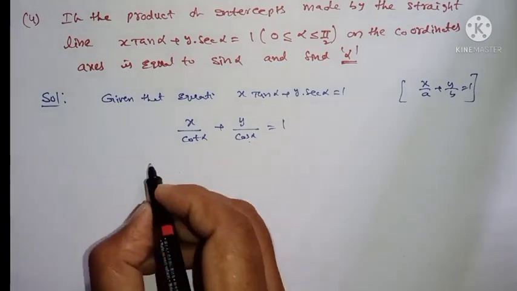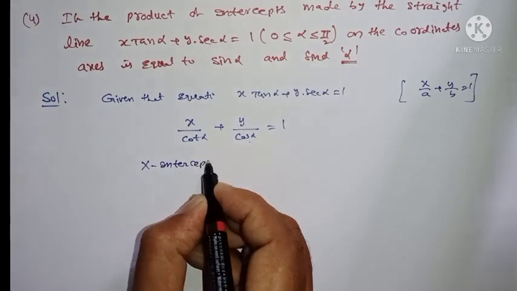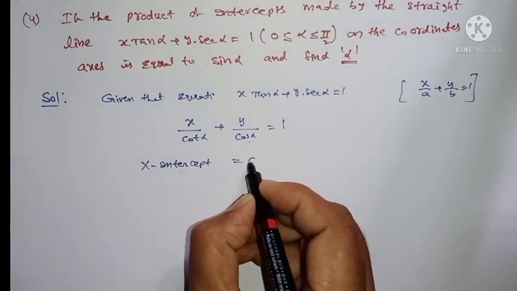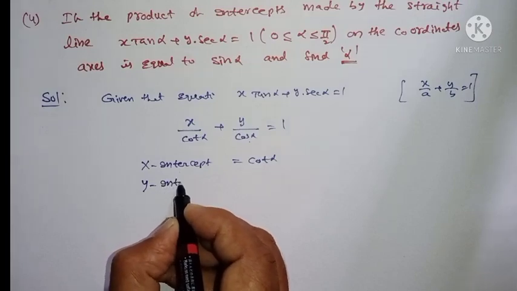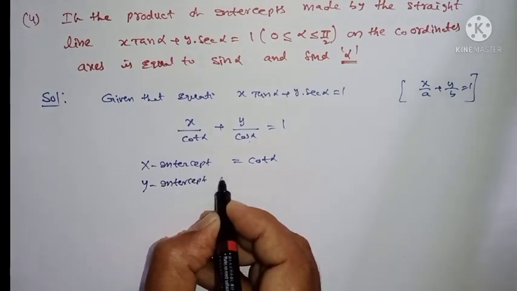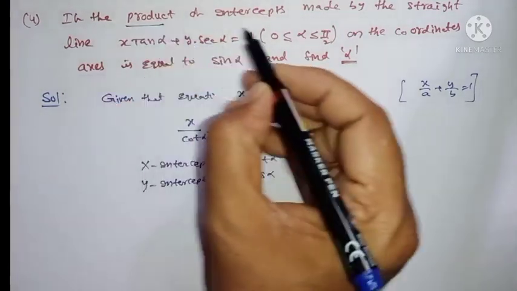Therefore, the x intercept is equal to cot alpha, and the y intercept is cos alpha.